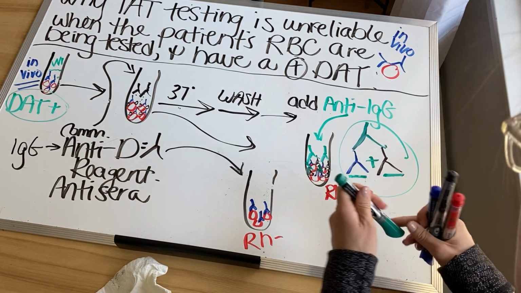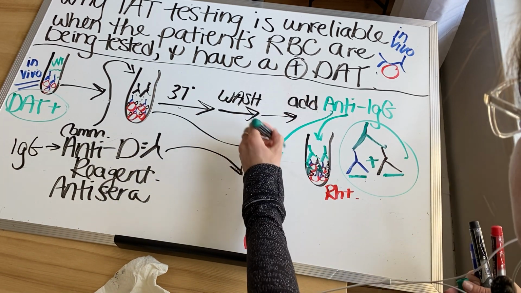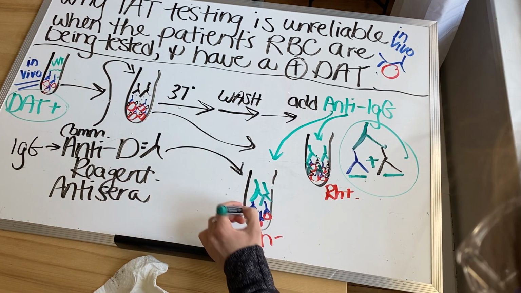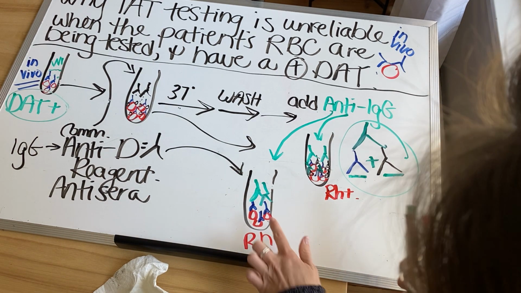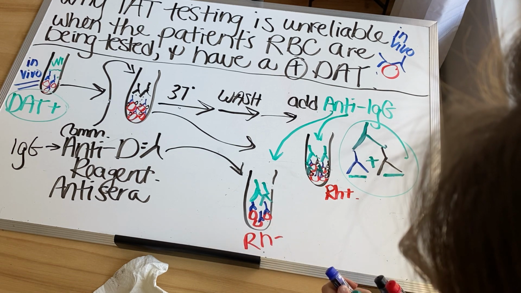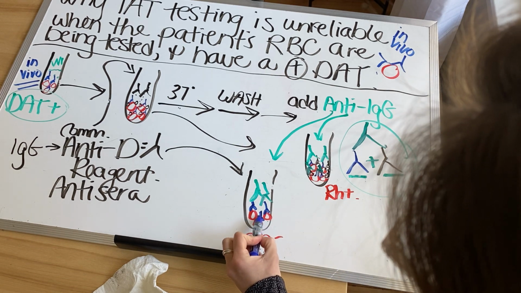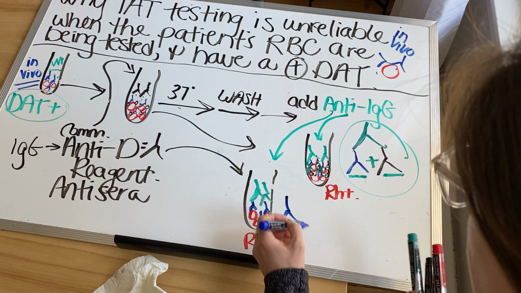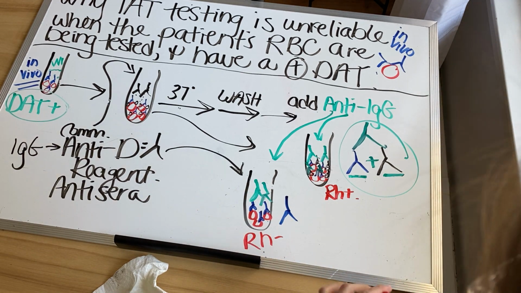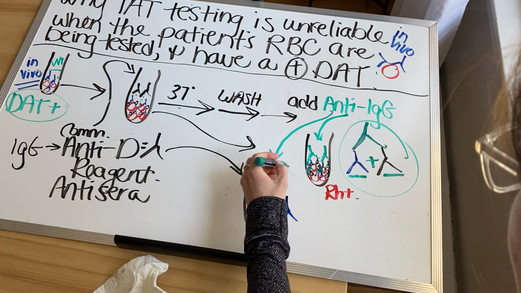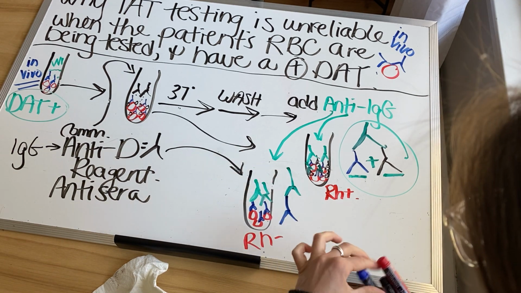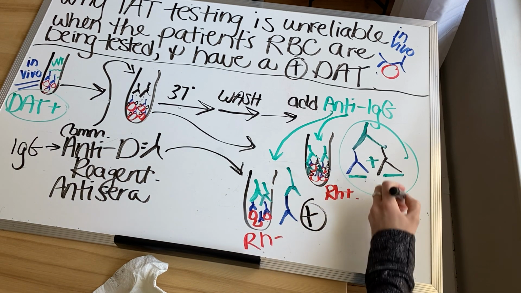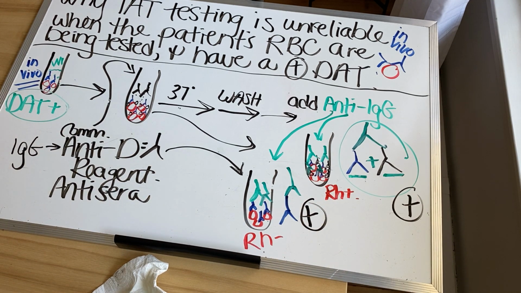However, when we add the anti-human globulin at this phase, because it's IAT, it's still going to bind to these original, previously coating antibodies. So we're still going to see a positive reaction here because it's binding to this antibody. So this is still going to come up positive, which is what this test was positive.